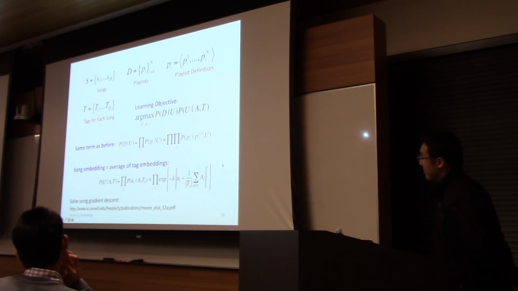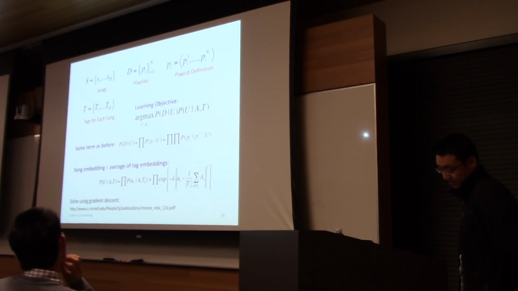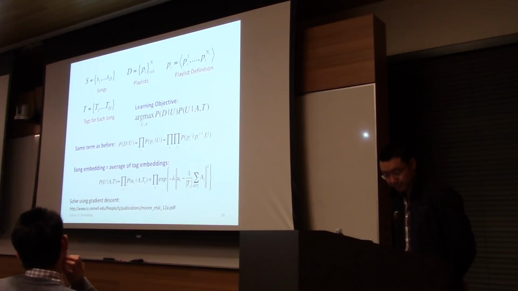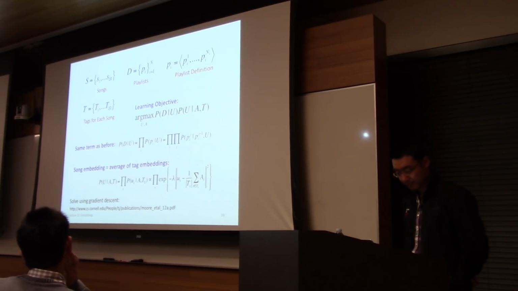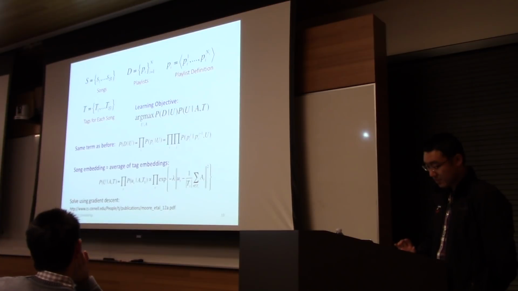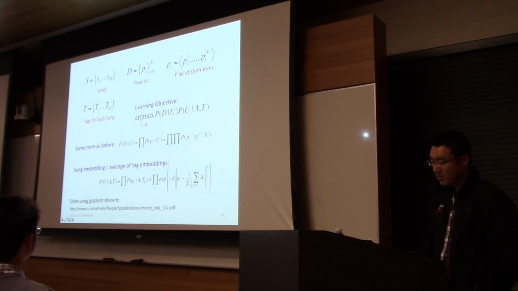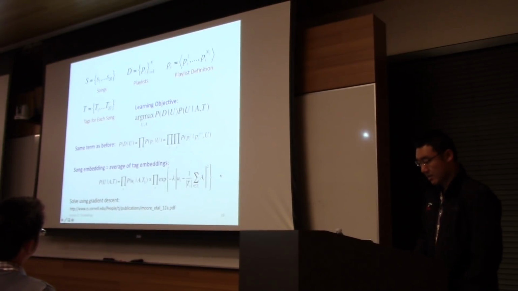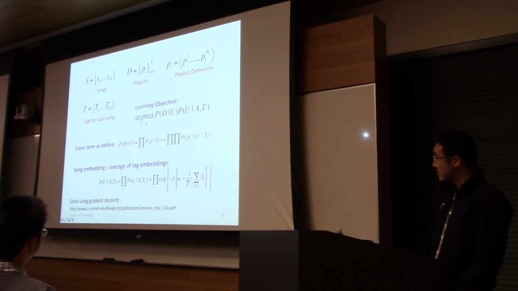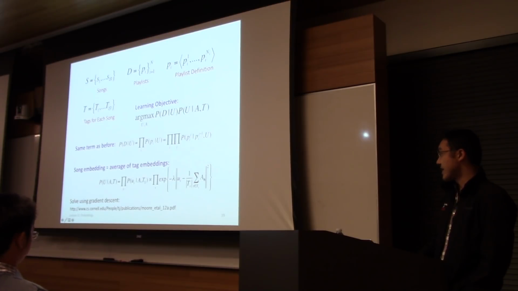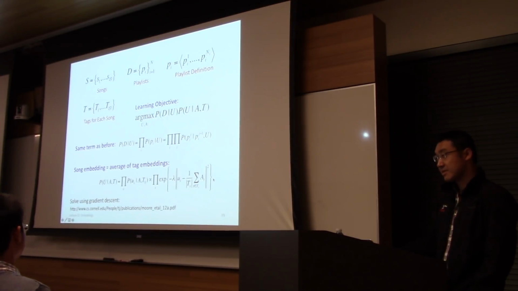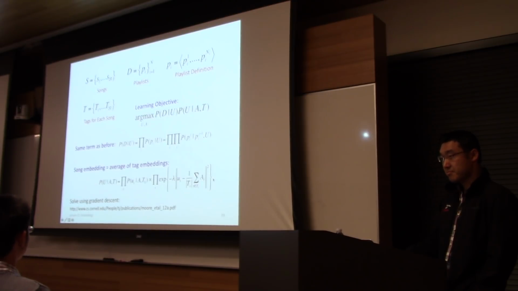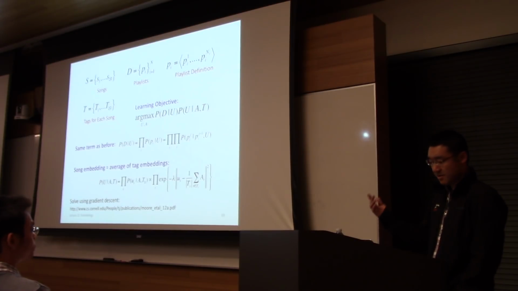This is the extra term that's added to the learning objective, where A is the tag embedding. So we're going to learn an embedding per tag, and U is the song embedding. And we want the song embedding to be close to its tags. That's it. And you just solve the whole thing using gradient descent, stochastic gradient descent.